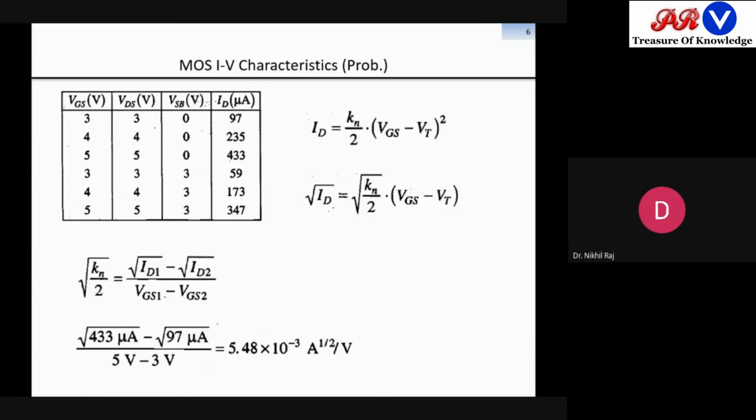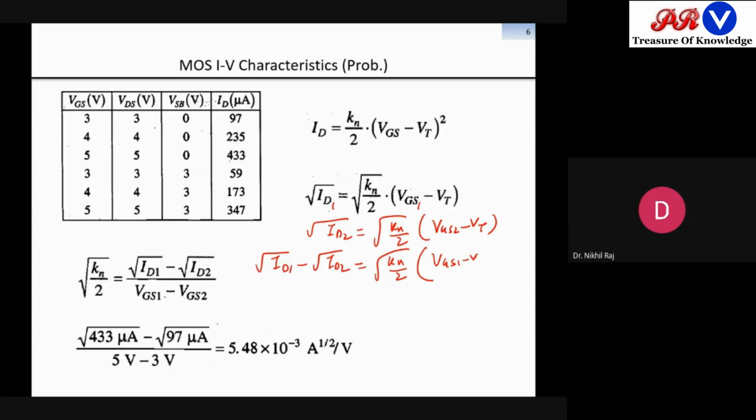Let me write: square root of ID1 equals square root of Kn by 2 times VGS1 minus Vt, Vt will remain the same. Square root of ID2 equals square root of Kn by 2 times VGS2 minus Vt. And if we do square root of ID1 minus square root of ID2, what will we get? This square root of Kn by 2 will be constant, so it will be taken out. And internally we will get VGS1 minus Vt minus VGS2 plus Vt. So this and this will cancel out. So we will get square root of Kn by 2 times VGS1 minus VGS2, and then rearranging we will get this expression.